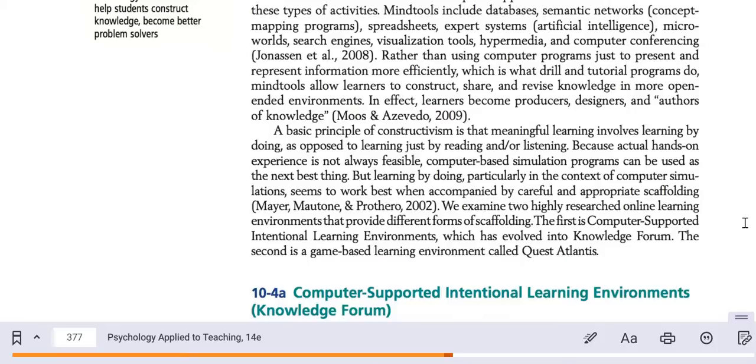We examine two highly researched online learning environments that provide different forms of scaffolding. The first is computer-supported intentional learning environments, which has evolved into Knowledge Forum. The second is a game-based learning environment called Quest Atlantis.